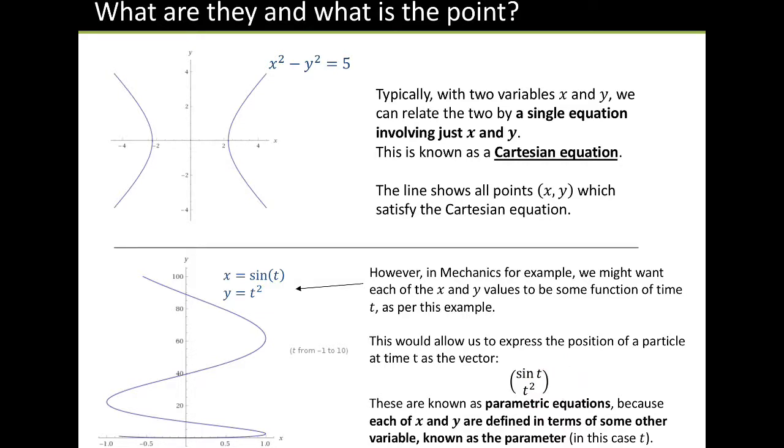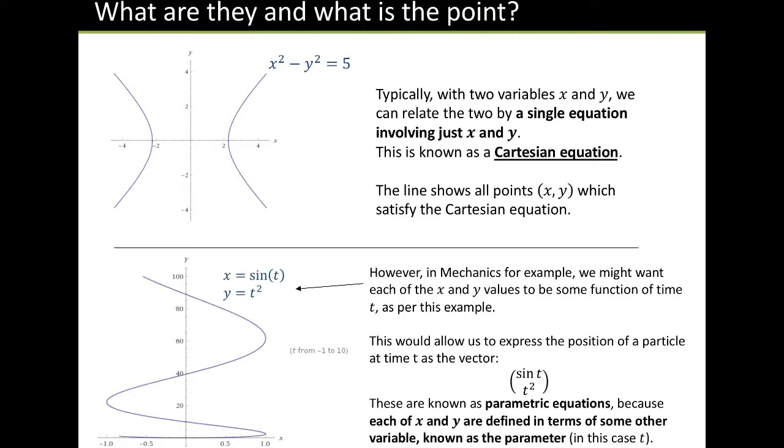These are known as parametric equations because each of x and y are defined in terms of some other variable known as a parameter, in this case t. It won't always be t, it can be other letters. Quite often you see t used, but if it's not t, the methods are exactly the same.